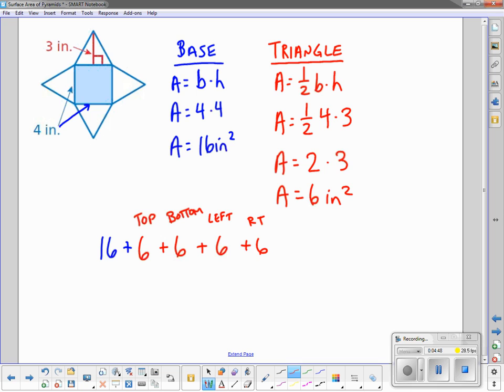Okay, when I add all those together, I get 40 square inches because that's the surface area, 40 square inches.